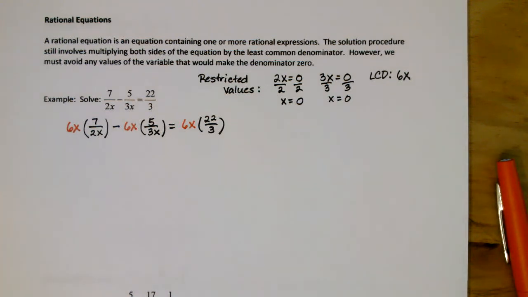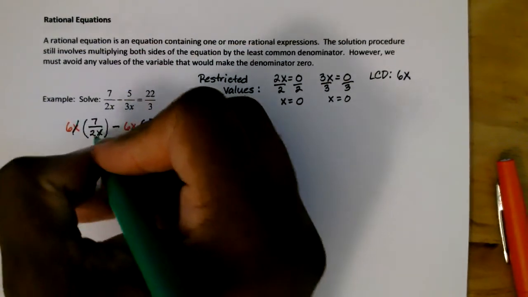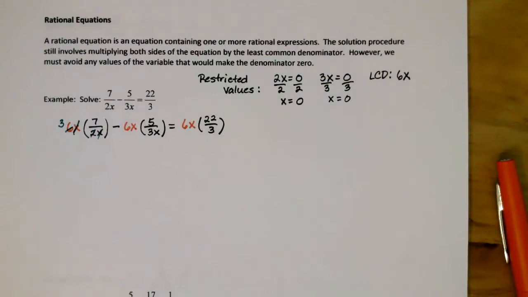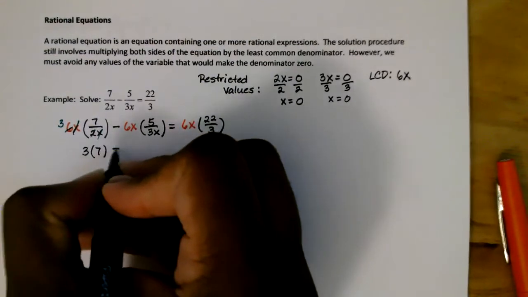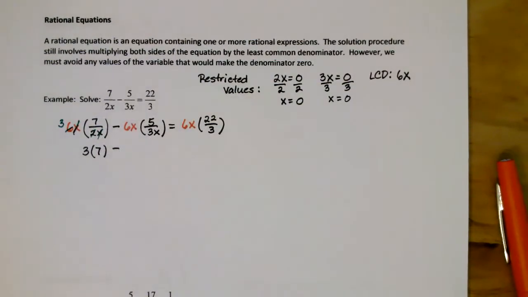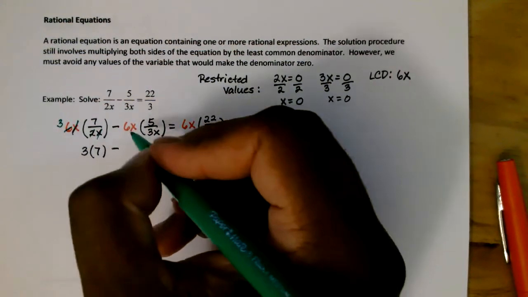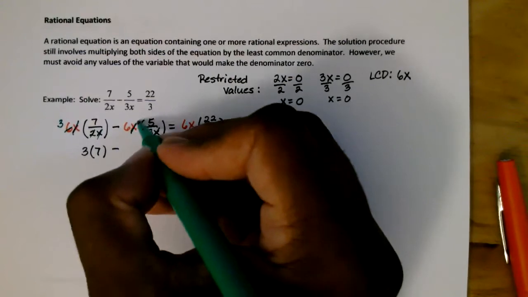Okay, so now let's look at 6x times 7 minus 2x. The x's are gone. If I divide 2 into 6, that's going to go 3 times. So that means I'm going to have 3 times 7 minus, for 6x times 5 over 3x, these x's are gone.